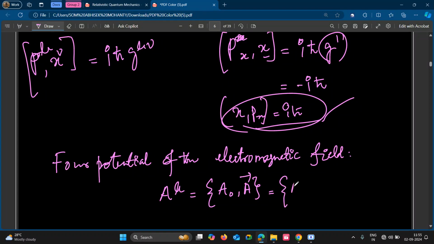So I can write it as A zero, and A we know is A one, A x, A y, A z. This can be written as g mu nu A nu, because nu will be cancelled. So A mu here is contravariant, because this mu is outside, and A mu with the lower index is covariant.